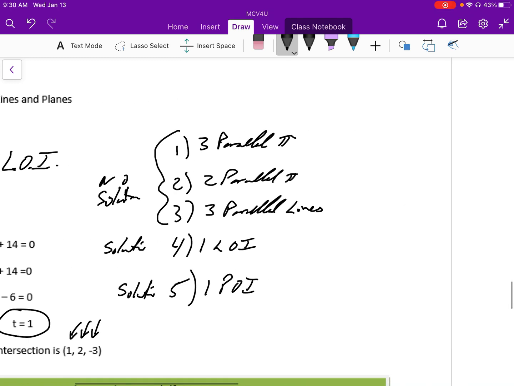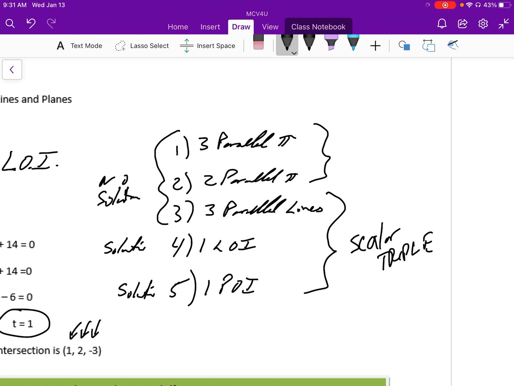Scalar triple. For these, you're looking at the scalar triple, right? For the first 2, we're eyeballing it. I'll put inspection. The inspection of the normal vectors, right? You can't see a scalar multiple, go to the scalar triple, right?